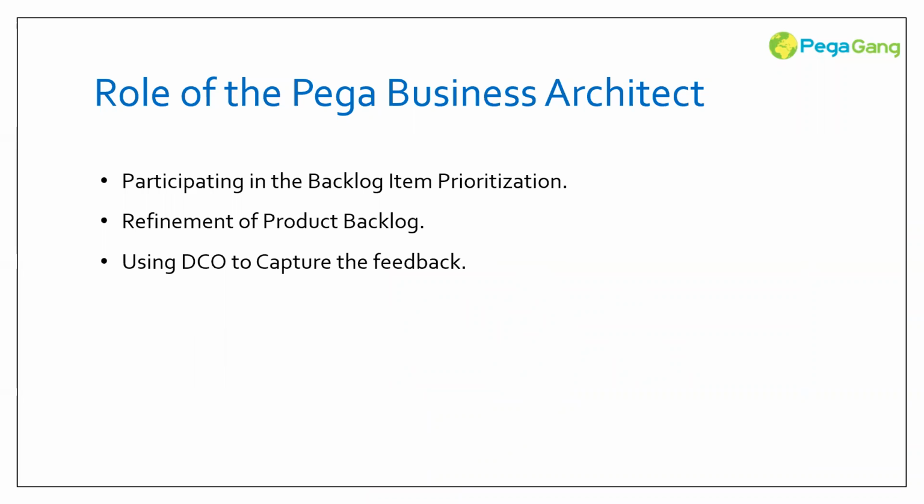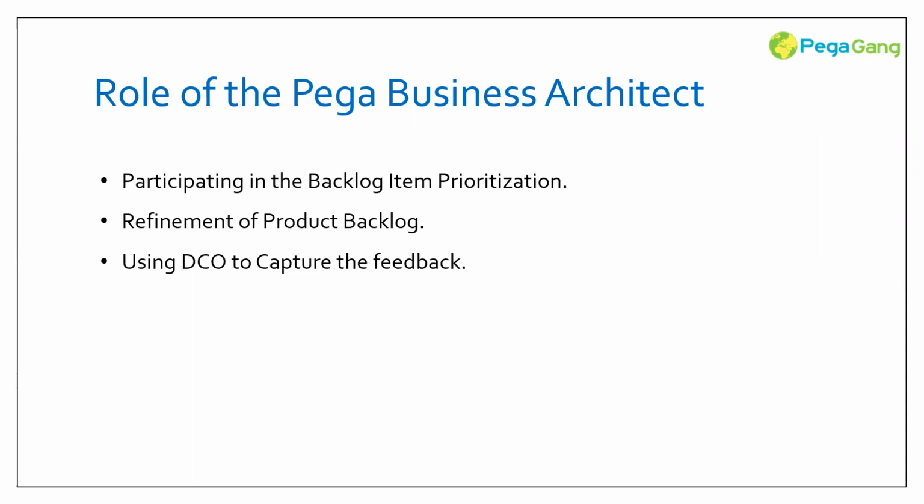The Moscow model stands for must have, should have, could have, or won't have. Based on these four categories, they decide which user story should be available for the application, which requirement is good to have, and which user story is not required at this moment.